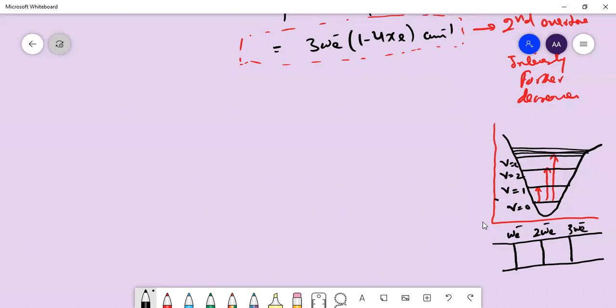First overtone means when the transition is taking place from 0 to second. Then third is 0 to third. So this is what we mean by fundamental absorption, first overtone and second overtone.